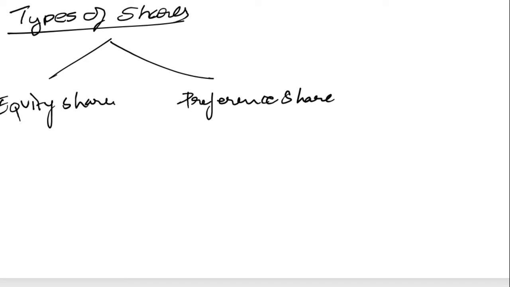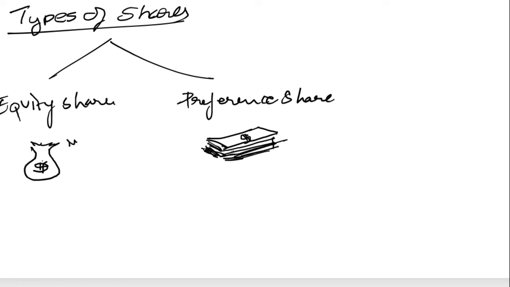Preference shareholders will get a certain amount of money every month, like a salary. But equity shareholders will get a share.